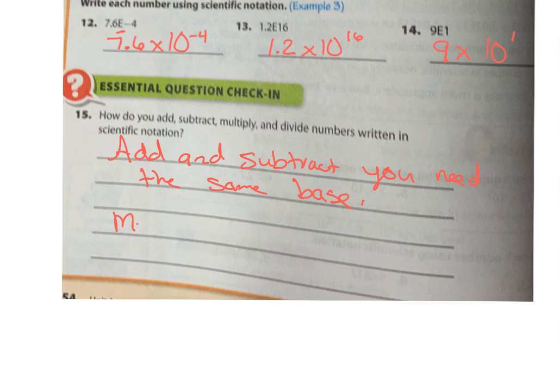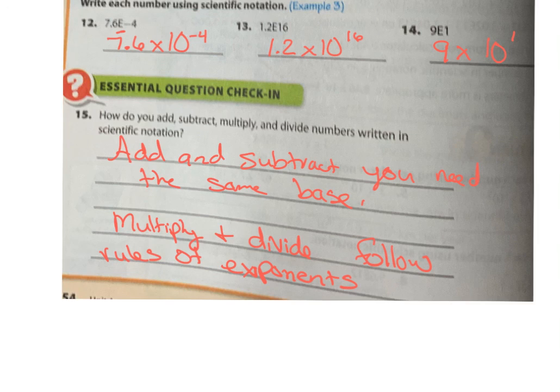What do you do when you multiply and divide? You're going to multiply and divide, and then you're going to follow rules of what? Exponents, yes. So if you're dividing, you subtract them. And if you are multiplying, you add them.